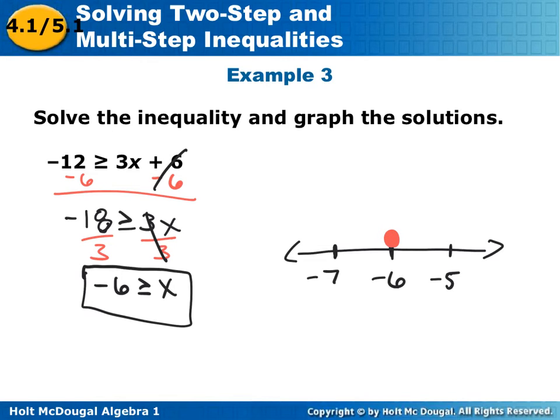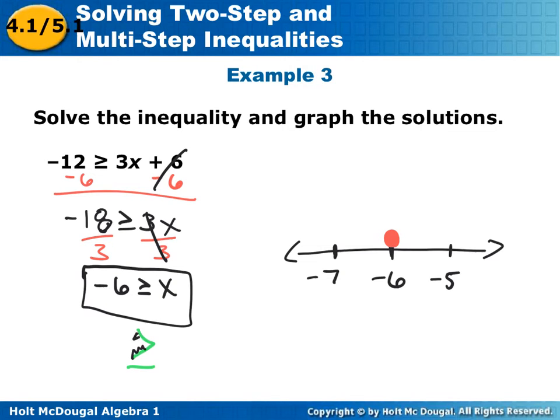Now, what this is saying is that -6 is greater than or equal to x. So let me ask you this. Is the mouth facing -6? If I were to draw my alligator, it's going this way, right? Would y'all agree?